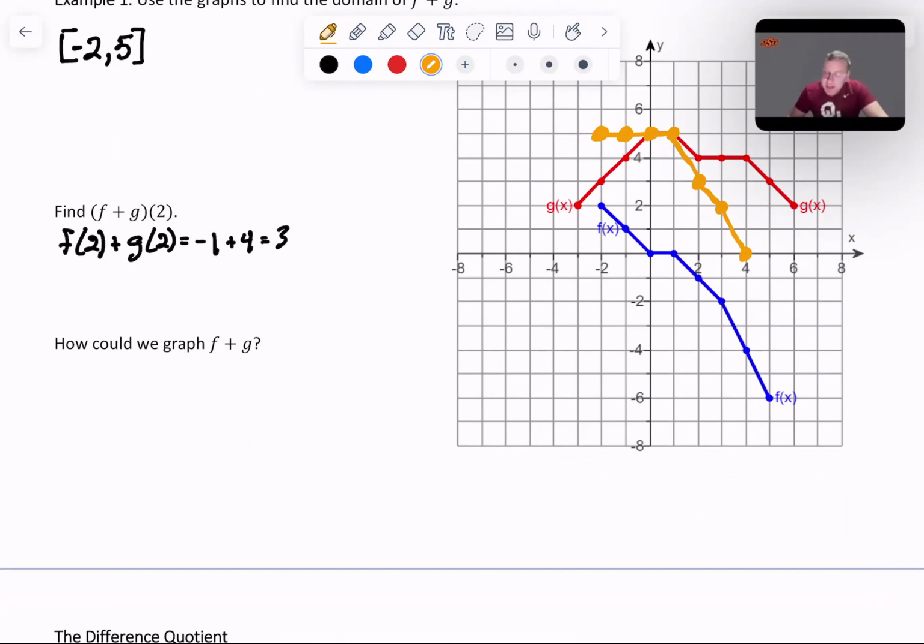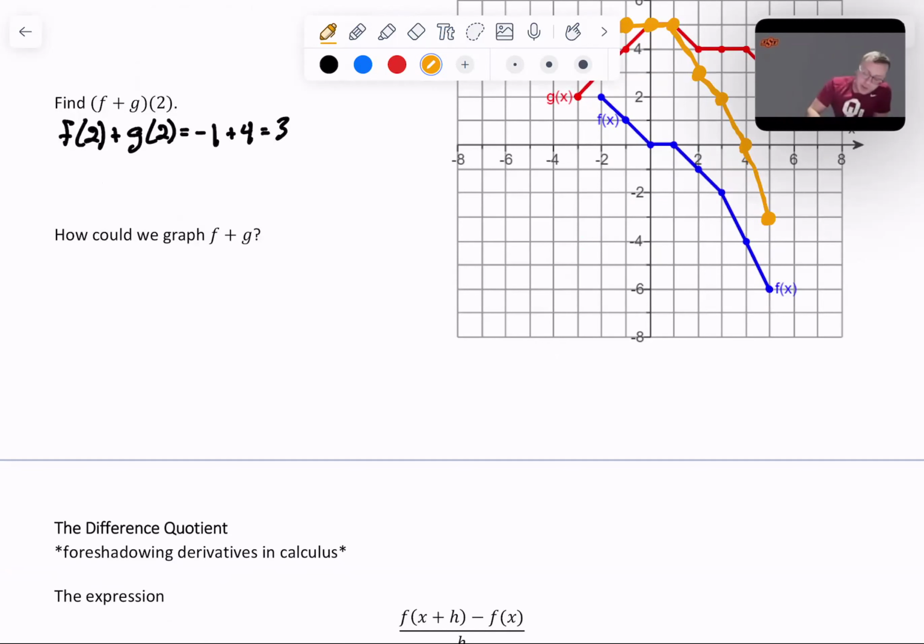And then the last piece of the domain, we have 5. f of x is -6, g of x is 3, so -6 plus 3 is -3. And that's how you'd find f plus g. So what you do, if I write it out like this, is it's f of x plus g of x on the interval -2 to 5.